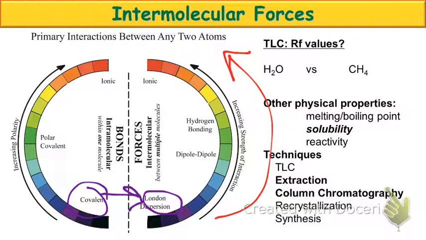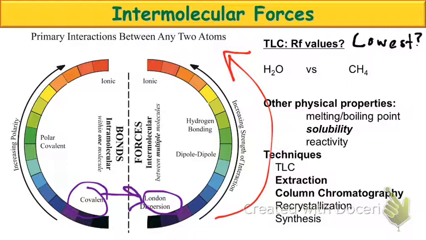We can apply that knowledge to a variety of different techniques. For instance, with TLC, we looked at RF values. Well, what is a good question we could ask for TLC? We could say the lowest RF value, and we're going to compare the structures water versus methane.